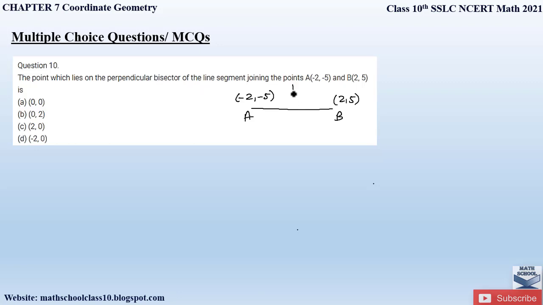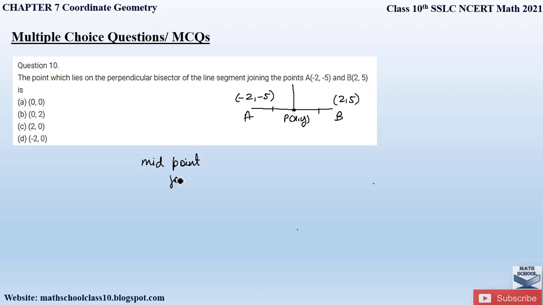So there is a perpendicular bisector and we have to find out the point P here. So we know that the perpendicular bisector divides a line segment equally in two parts. Therefore, the point P forms the midpoint of this line segment AB. So whenever we have to find the midpoint of a line segment AB, there is a formula again, which is called the midpoint formula.